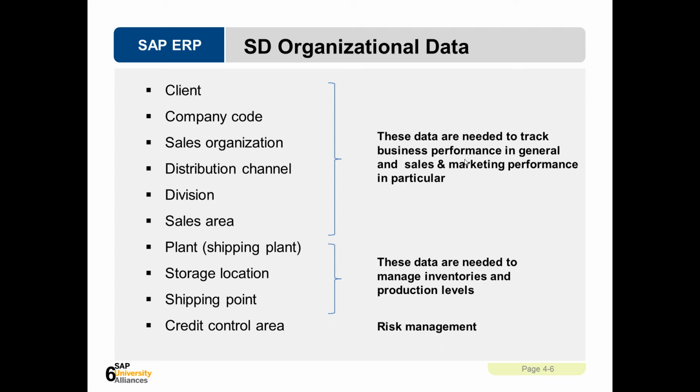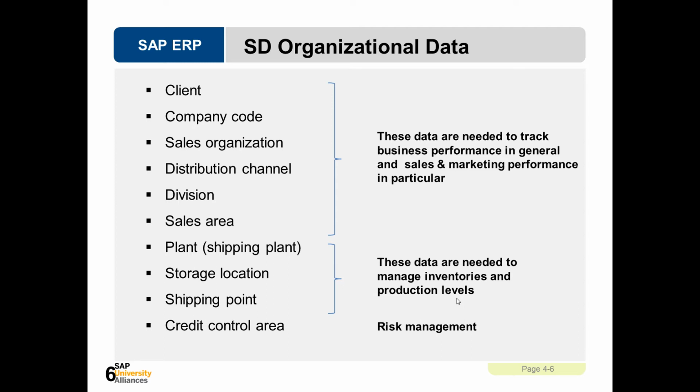So things like the sales organization, the distribution channel, the sales area, etc. Now there's a second group of organizational data that is used by the production people to manage inventories and determine when, for example, additional products need to be produced to replenish finished goods inventories and things of that nature. And then finally, there's a finance set of organizational data that's used for risk management, and that would be the credit control areas.